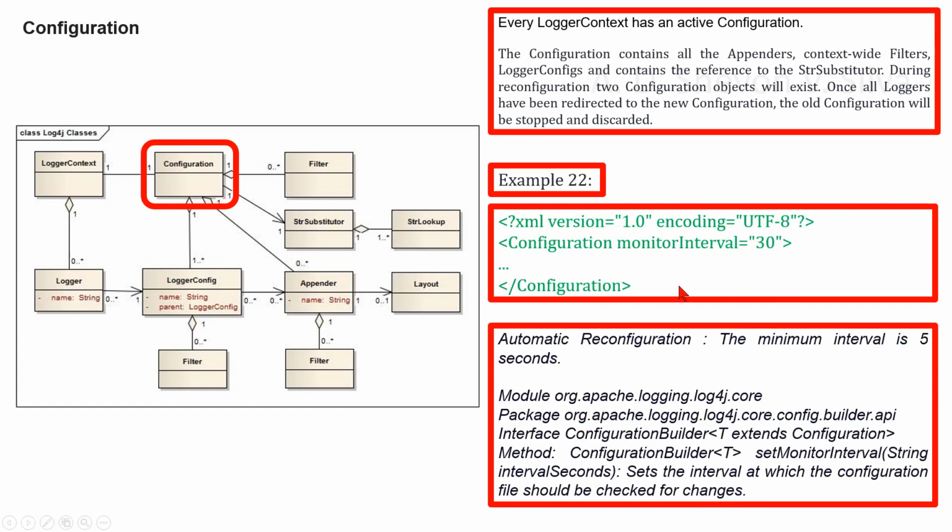Now we are considering automatic reconfiguration. The minimum interval is 5 seconds. The method ConfigurationBuilder.setMonitorInterval(String intervalSeconds), in interface ConfigurationBuilder extends Configuration, in package org.apache.logging.log4j.core.config.builder.api in module org.apache.logging.log4j.core.